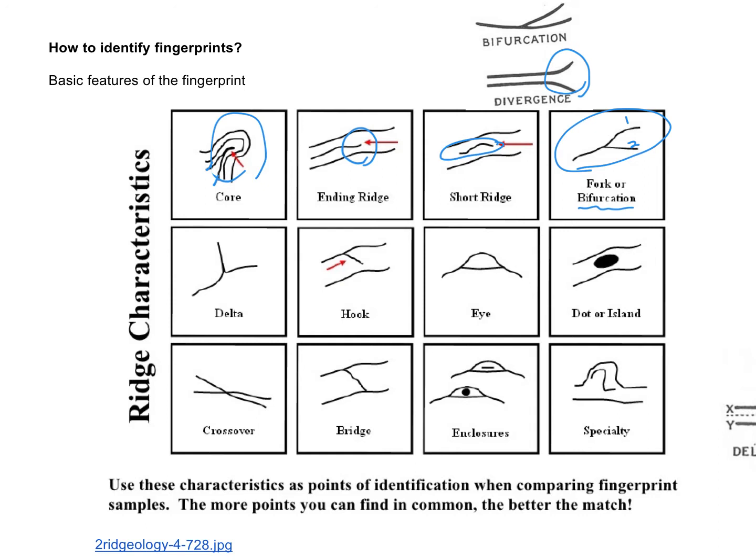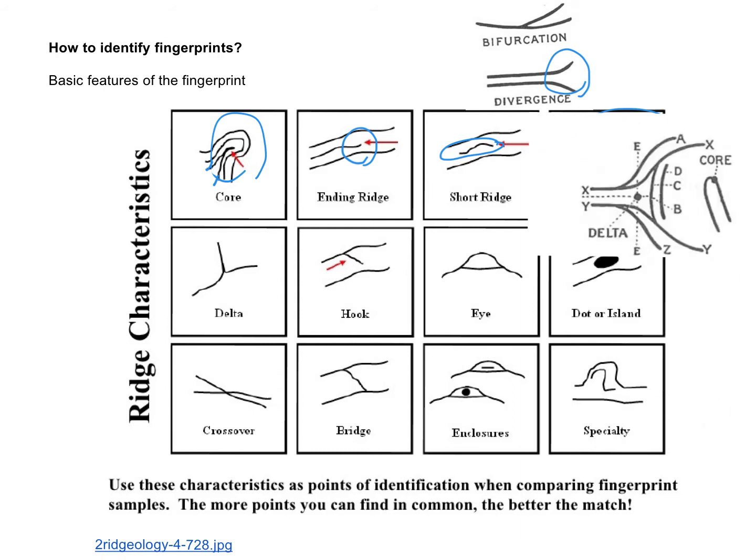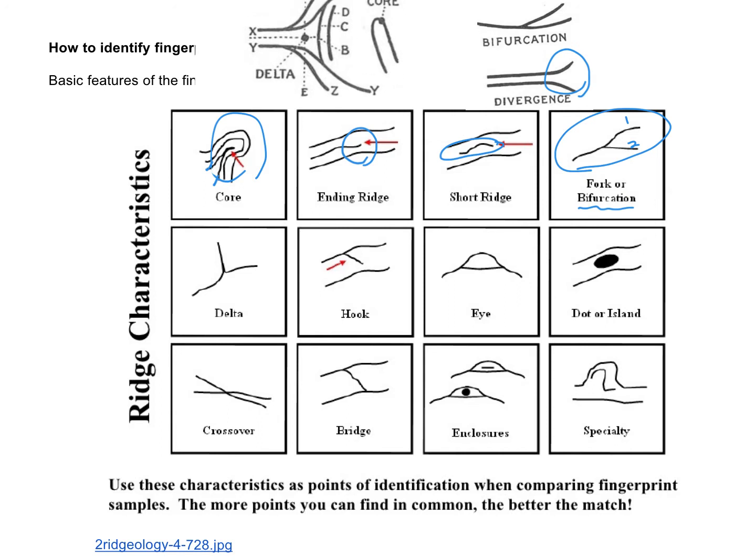Next is delta. It is the first ridge or part of a ridge nearest to the point of divergence of the two type lines. So if you look at this, this point here is the delta because it is closest to the divergence, the x line and the y line diverging.